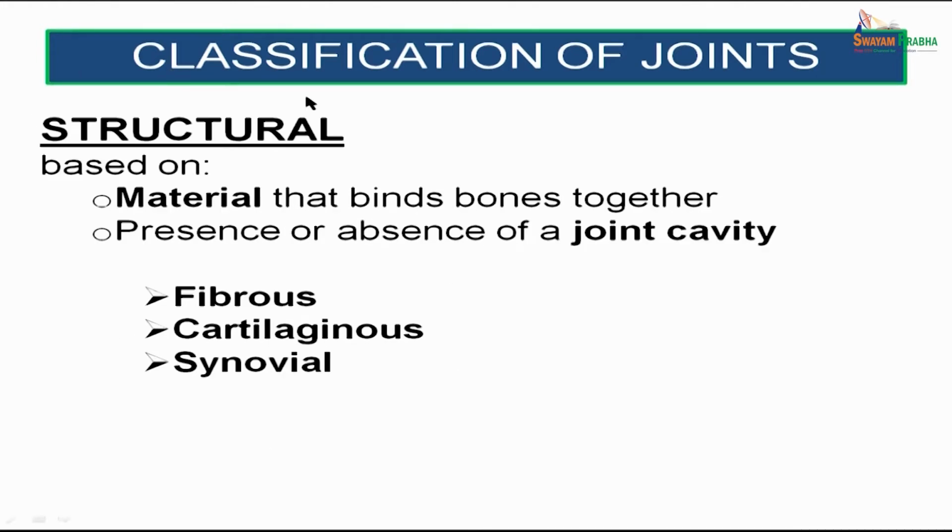The important classification is this one, that is the structural classification based on what material it is that binds the bones together and the presence or absence of a joint cavity. Using this classification, we classify joints as fibrous, cartilaginous and synovial.